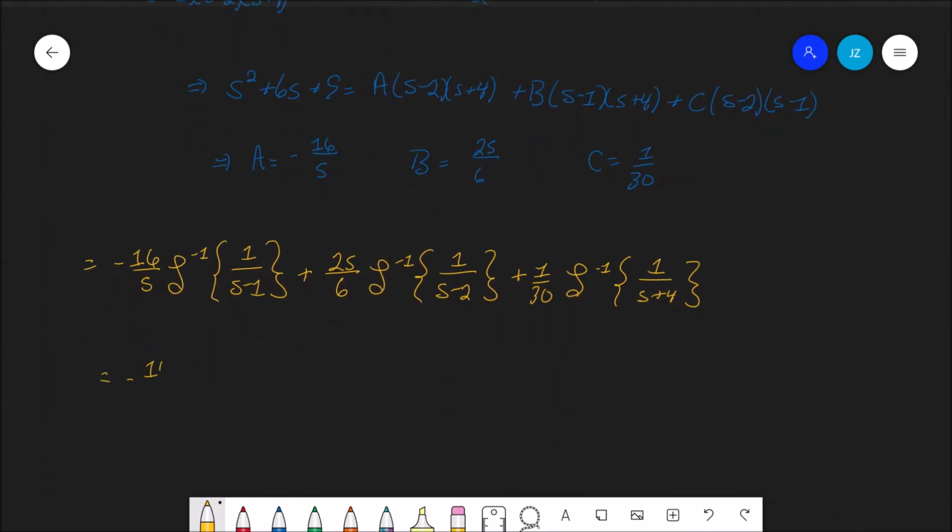So we get negative 16/5 e to the t plus 25 over 6 e to the 2t plus 1/30 e to the negative 4t as our inverse transform.